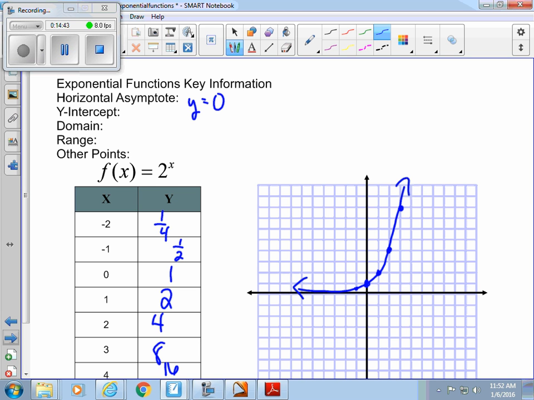The y-intercept on an unshifted exponential graph is (0, 1), because anything to the 0 power is 1. The domain of any exponential is negative infinity to infinity. The range is 0 to infinity, again unshifted. If we shift, the range changes. 0 has parentheses because I never actually equal 0, so there's no bracket there.